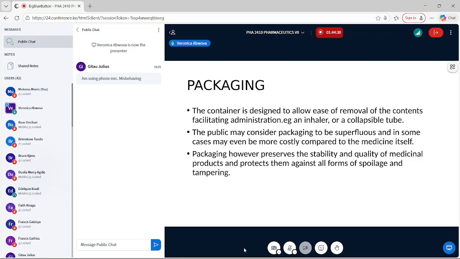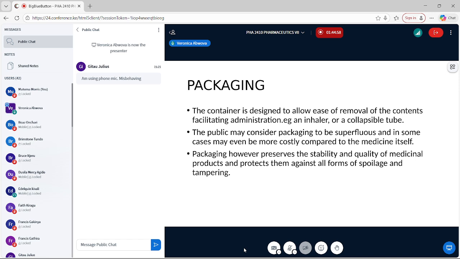There's a reason why the drug was not just poured into some bottle, okay? It was actually put in a container that is able to break that drug into droplets, and those droplets can be inhaled into the lungs, okay? So that's why we are saying the container is designed to facilitate administration.